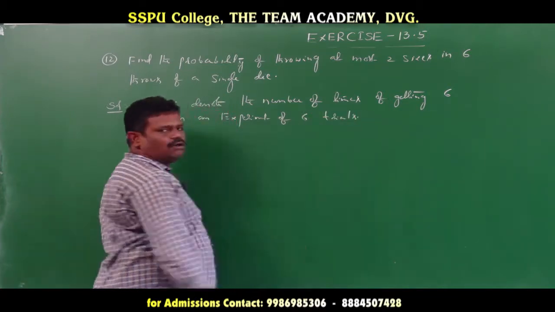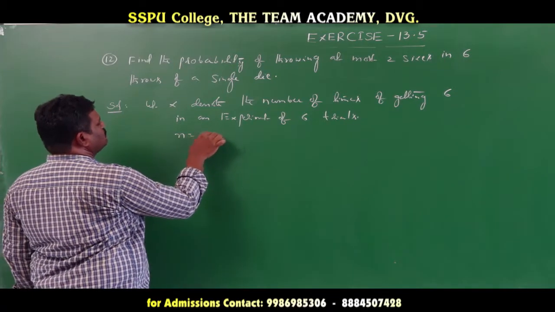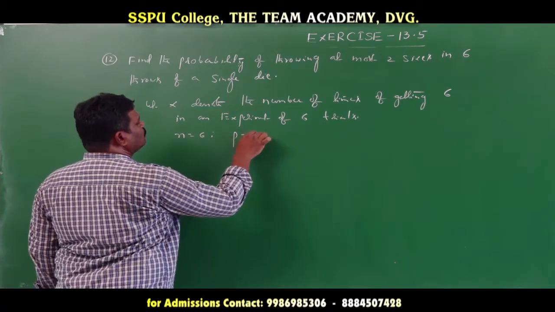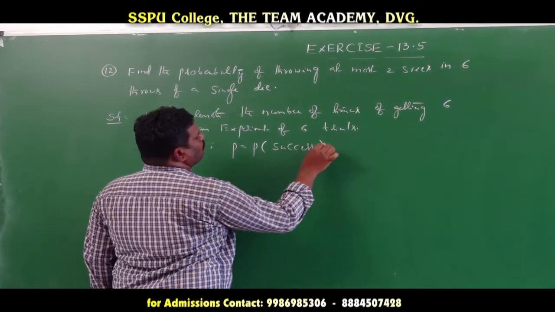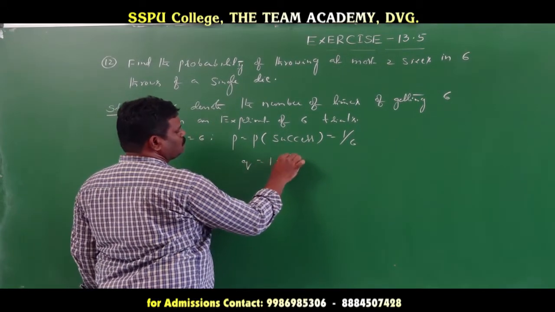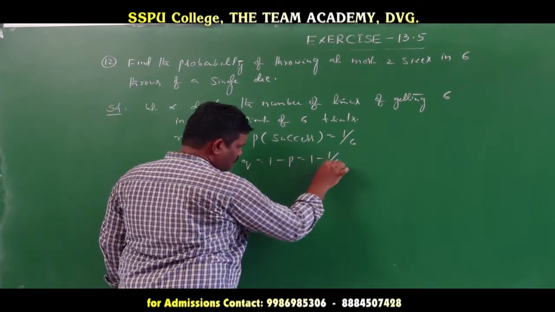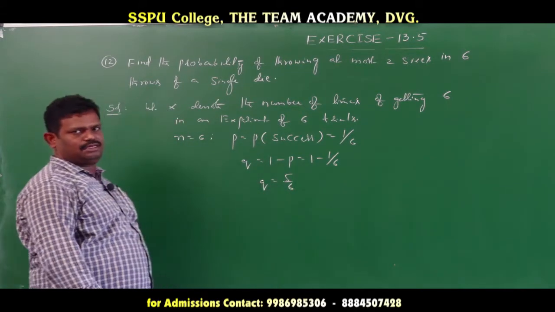So n is equal to 6. P is equal to the probability of success, 1/6. So Q is equal to 1 minus P, 1 minus 1/6. So Q is equal to 5/6.